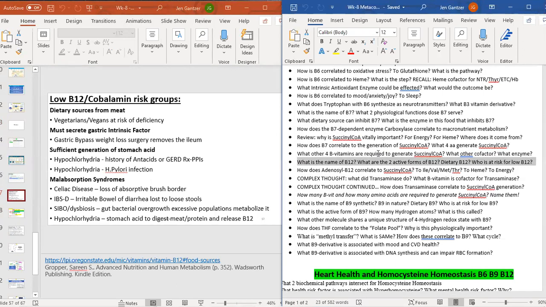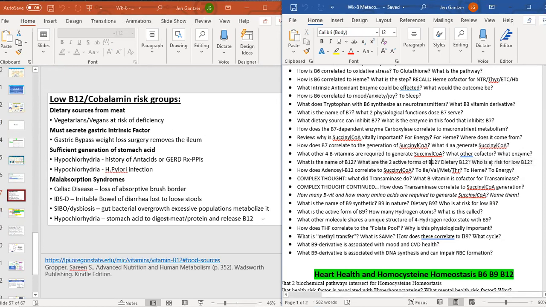The point is, your body will take the dietary or the supplemented B12 source, and it will put it into the active form that it needs. If it needs more adenosyl, it will convert the dietary supplemental form into adenosyl. If it's methyl, and as long as you don't have an inherited problem with that, which we'll learn in a few, then you will convert it to the methyl.